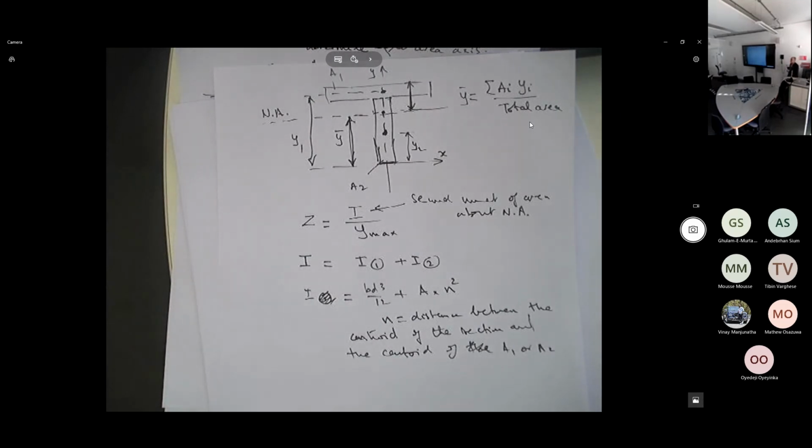So my advice to you is just go back to the questions we did, the channel, the T section, etc. There are a lot of questions on the website, so you can pick a tutorial question from the internet or Google. Just Google it. You can put shape factor of sections. You get plenty. You can practice on a few, and then you can check your answer.